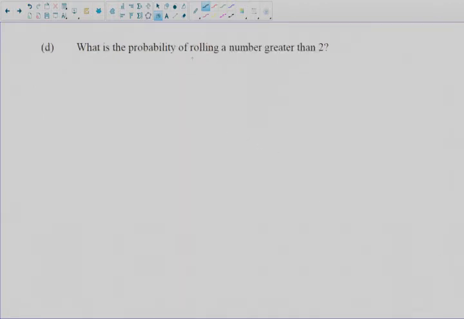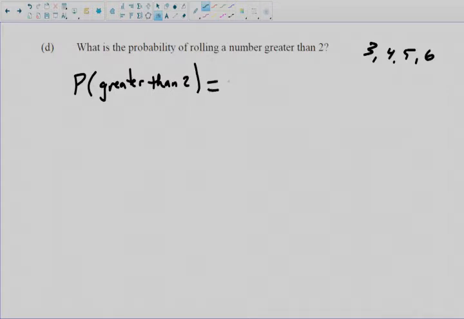What is the probability of rolling a number greater than 2? Well, what are all the numbers greater than 2 on a die? We've got 3, 4, 5, 6. So the probability of rolling greater than 2 is equal to 4 out of 6. 4 out of 6 can also be reduced.